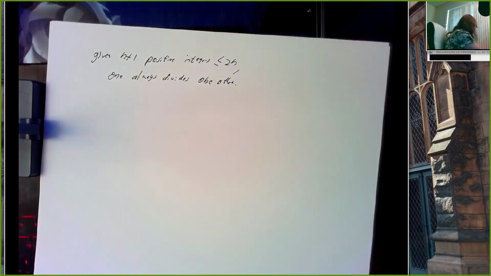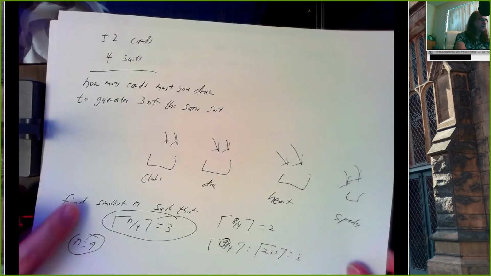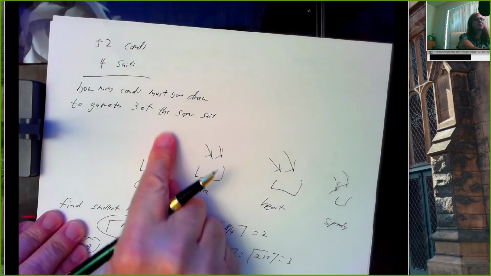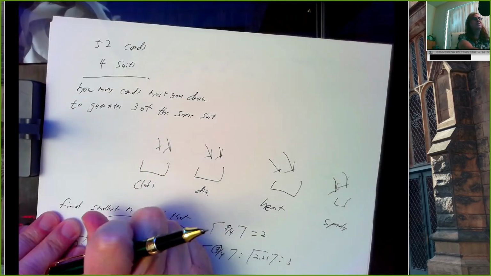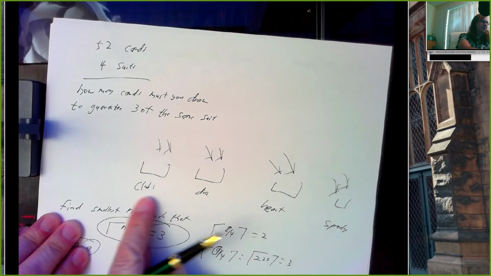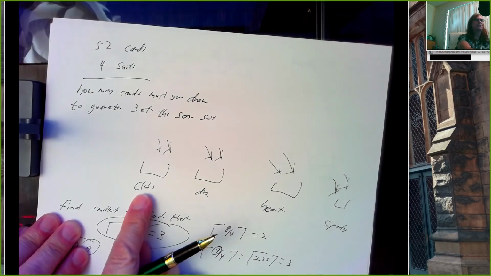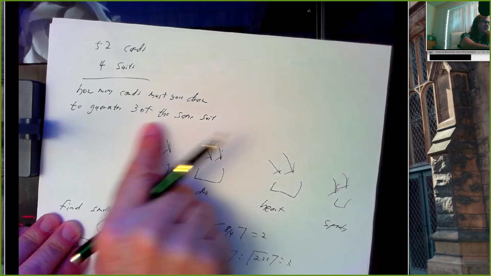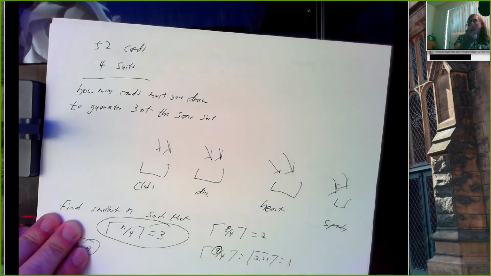Yeah, so back on this one, how many cards must you draw to guarantee 3 of the same suit? So yeah, it's possible you draw 9 and they all come out with clubs, right? And it's possible, if you want 3 of the same suit, maybe you only draw 3 cards and bingo, you've got 3 of the same suit. But that's not guaranteed.